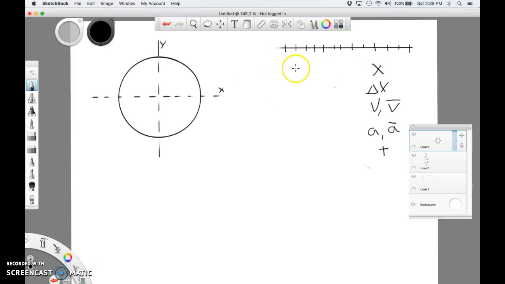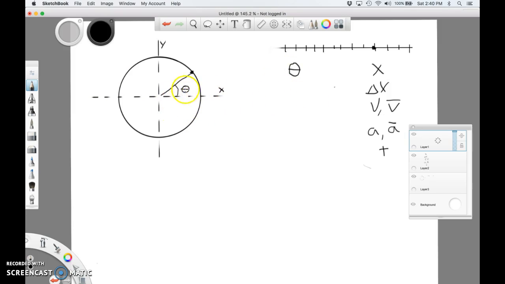So instead of talking about linear position, we can talk about angular position. Our symbol for angular position is theta. So just like we can have a position on a number line, we can have a position in a circle, and we would measure that position by saying what the angle is, okay? And so that represents the angular position.